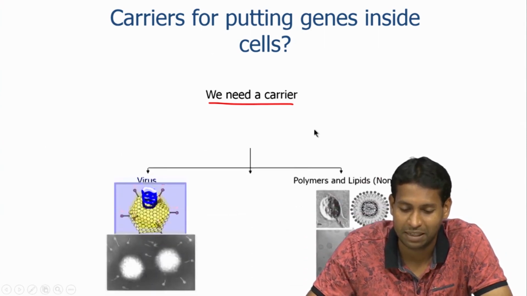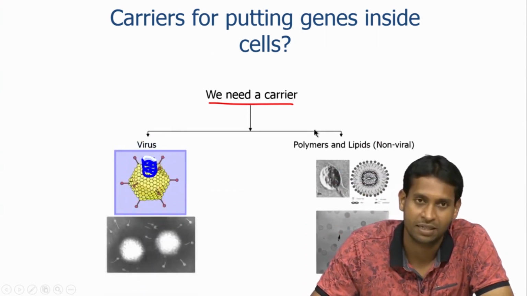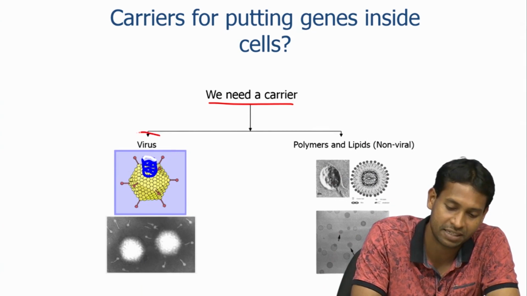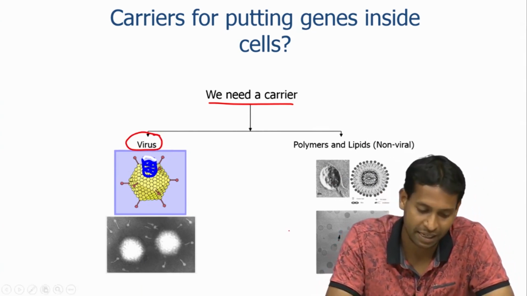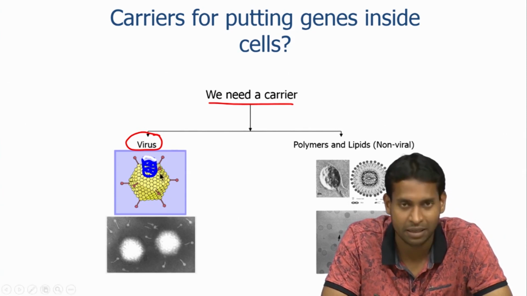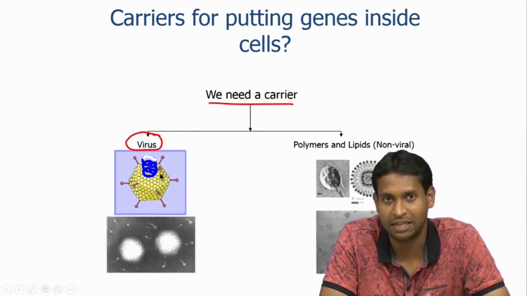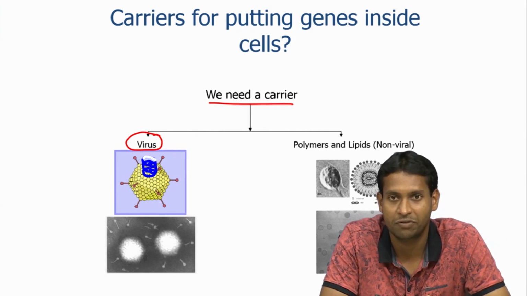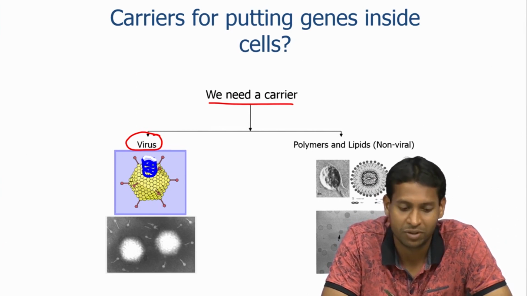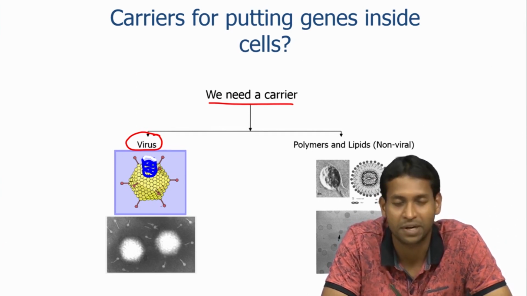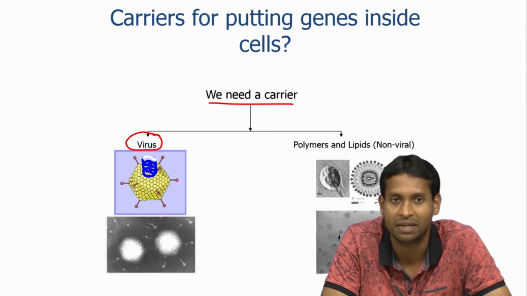Now that we have established that yes, we need a carrier, we have two choices. One is we go to nature itself and use a virus based carrier, which is nothing but a virus that has already adapted itself to infect human beings. So it has overcome all those challenges that we talked about. It has a protein shell which protects it from any extracellular barrier.